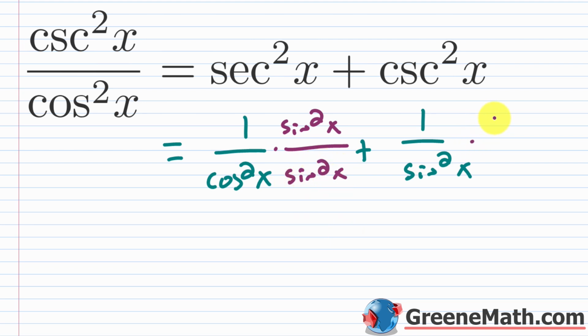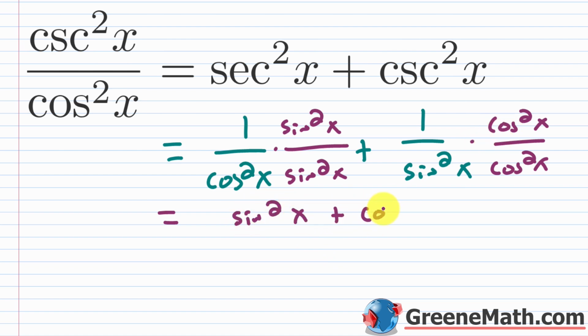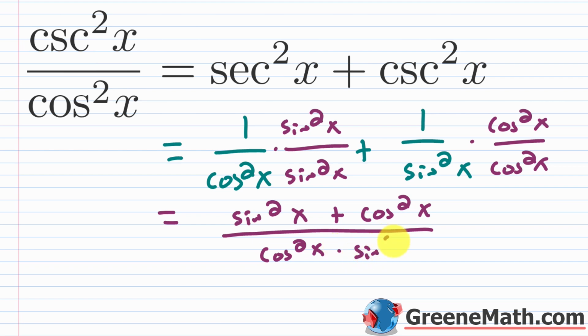And I'm going to multiply this by cosine squared x over cosine squared x. So what is this going to give me? In the numerator, you would have sine squared x plus your cosine squared x. And this is over the common denominator of cosine squared x times sine squared x.